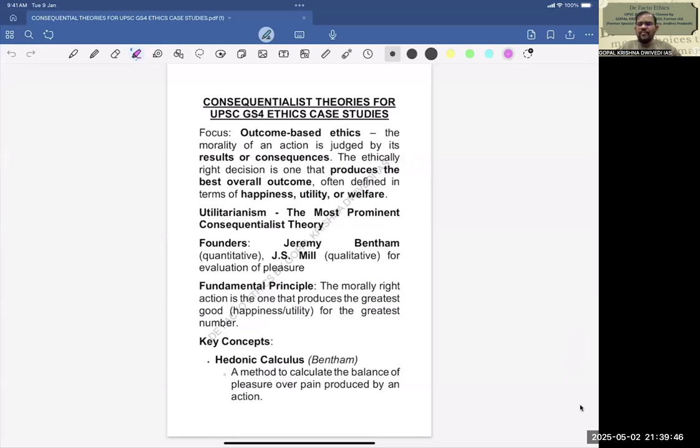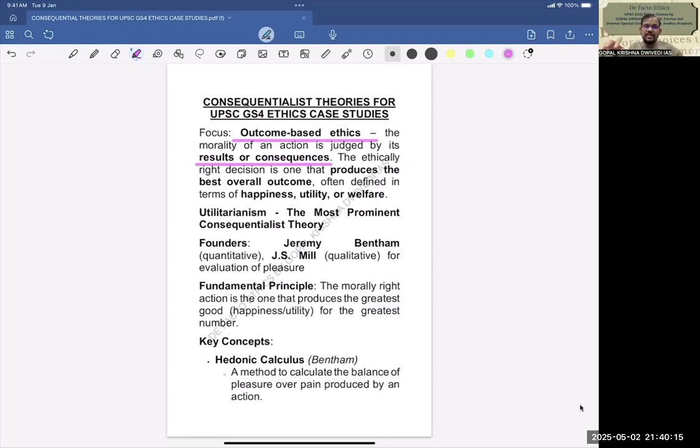Now, the main focus of this theory is outcome. So this is basically an outcome based theory. It promotes outcome based ethics, and the morality of an action is judged by result or consequences. So it doesn't focus much on the means, but on the ends. This is a result based theory.